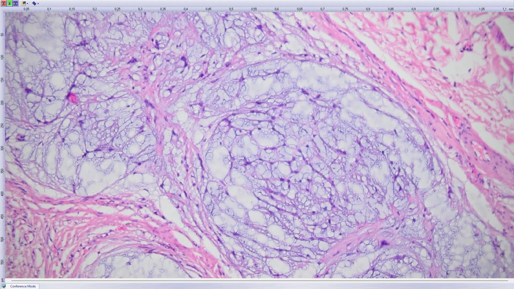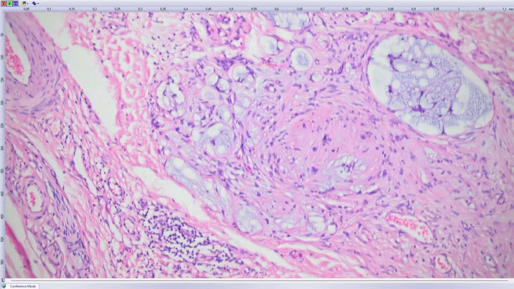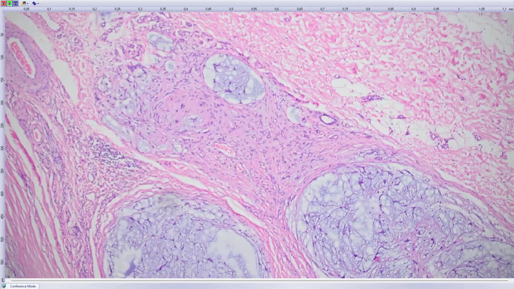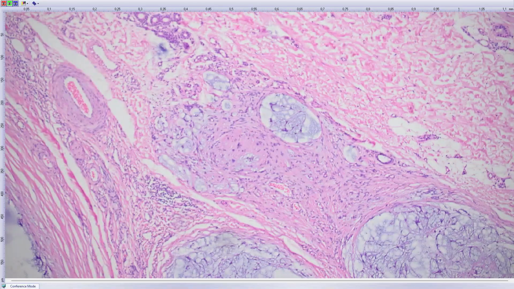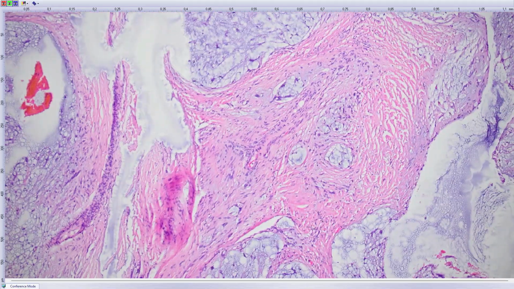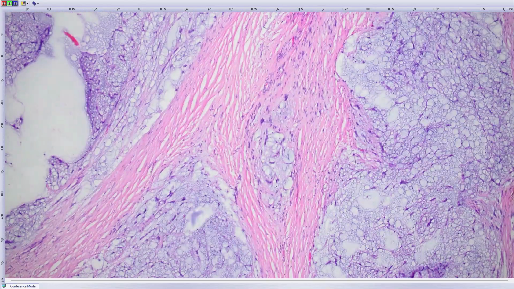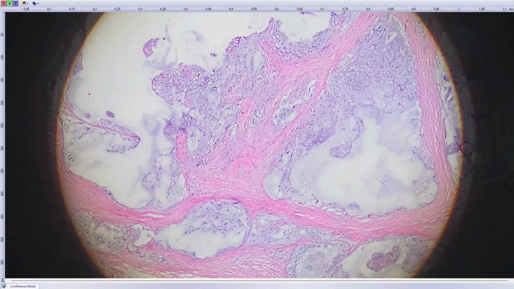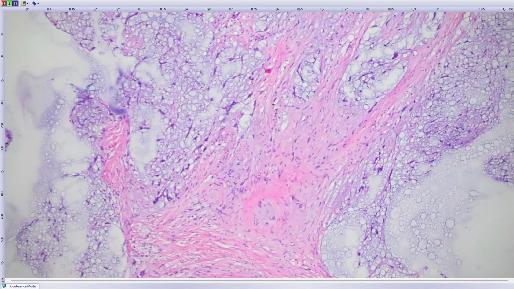There was no mitotic activity. And then you have areas such as this that resemble schwannoma to me a little bit, some neurogenic tumor. So in between the myxoid nodules, you see kind of like neurogenic differentiation. Also here, schwannoma-like areas.